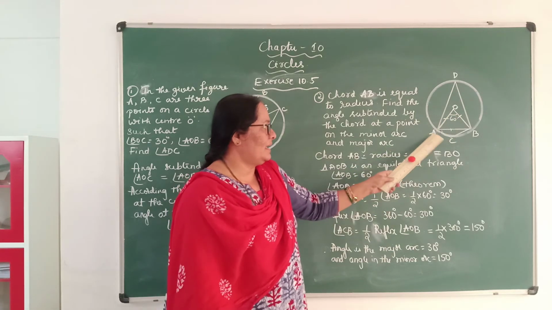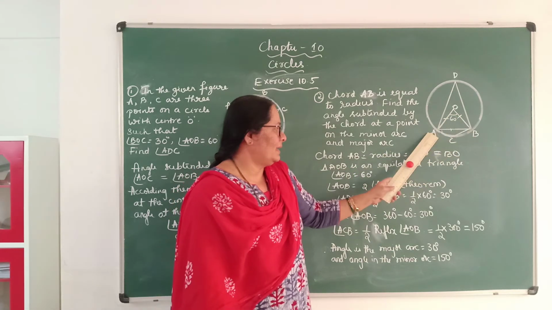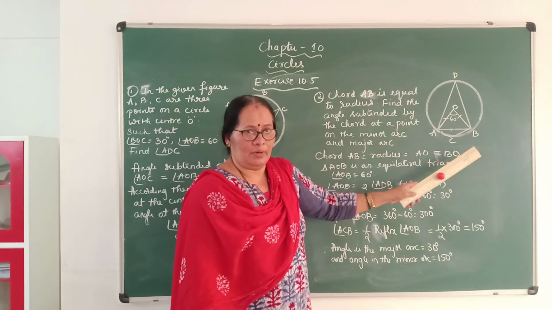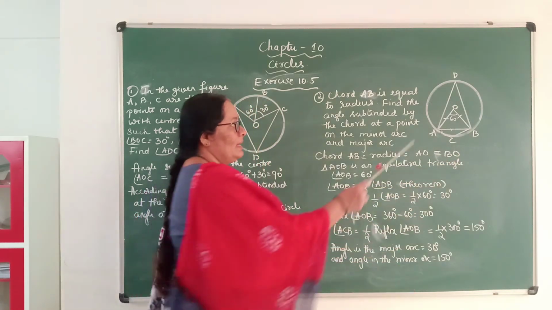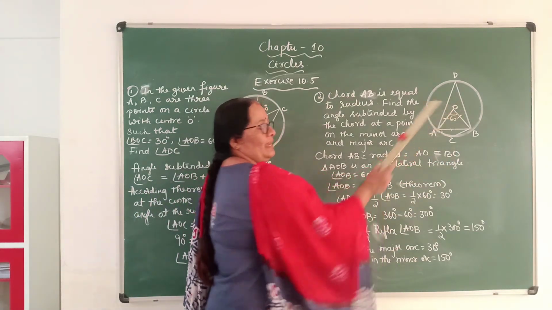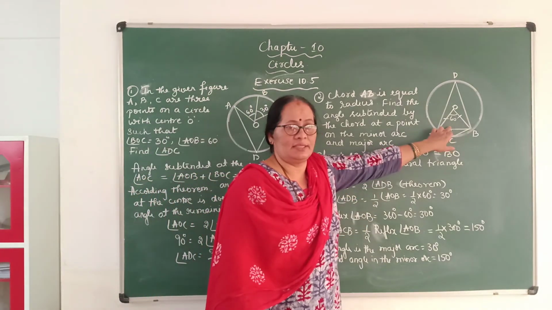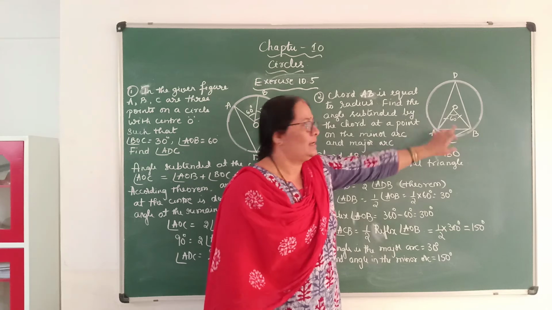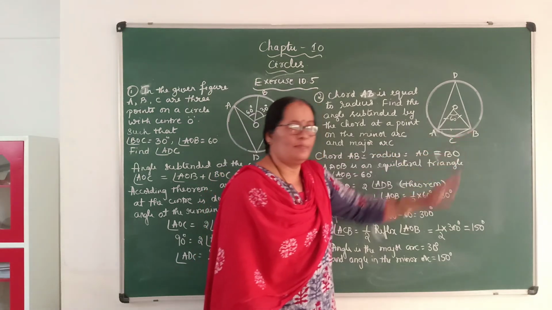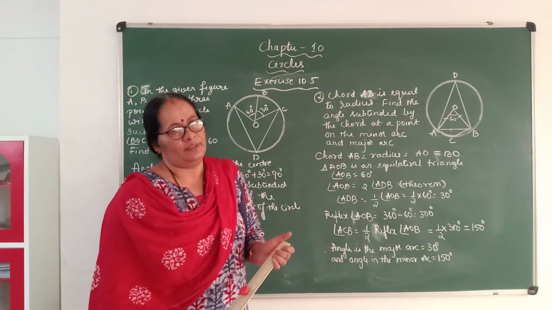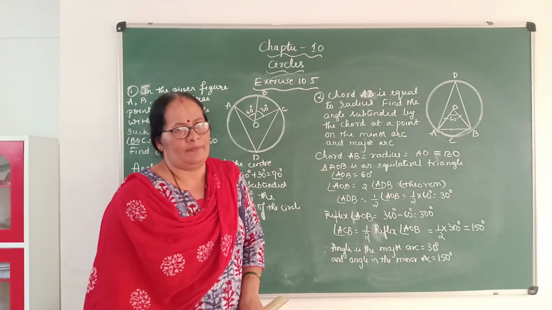Then angle ACB is half the angle of reflex AOB. Reflex means 360 minus 60, that is 300. So angle ACB is half of 300, that is 150 degree.